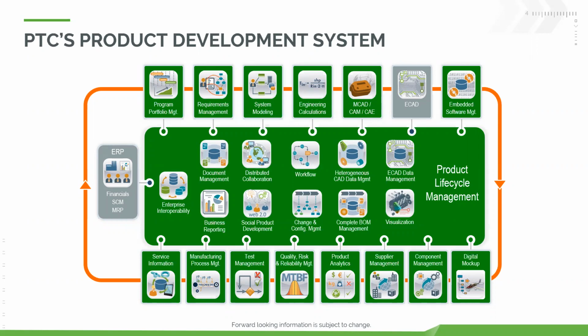So your risk and reliability or your quality information is going to be tied directly to your product information. Your requirements management that maybe you're laying out for software development, that's all going to be tied to the product it's actually being used on. So Windchill is really giving you a full product lifecycle management system where you're able to come in here and tie all of the information together and then really tailor it to the consumer. So a lot of times these systems are just meant for engineers or designers.